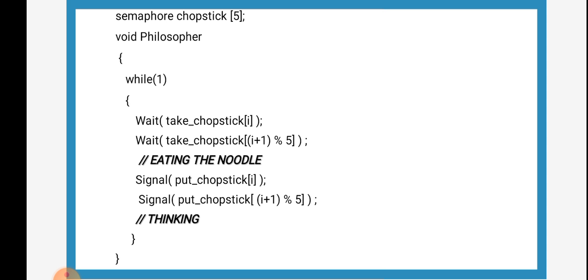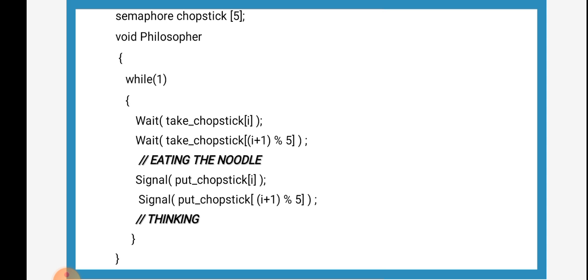Now to pick up the right chopstick, he has to pick up F2, chopstick number 2. How does the wait function work here? Chopstick of I plus 1 means 1 plus 1 is 2, and 2 mod 5 is 2, so he picks up chopstick number 2.